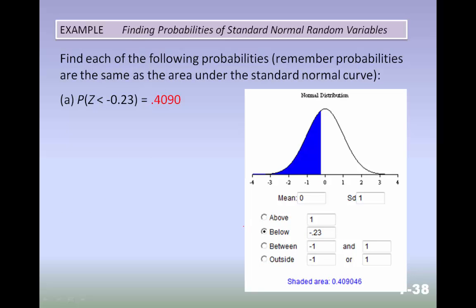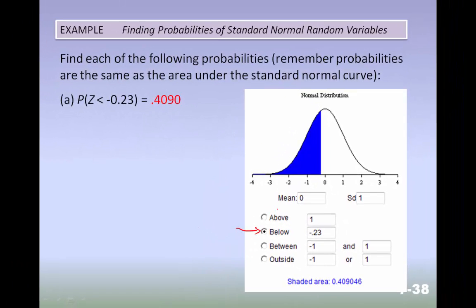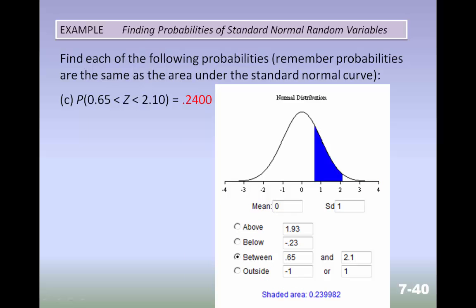So you want below, and you would put in negative 0.23 and let it calculate the area. Remember that you need to check the other option on the graph because we're back to calculating areas from z-scores. And the probability that a z is greater than 1.93, that area is going to be 0.026803.